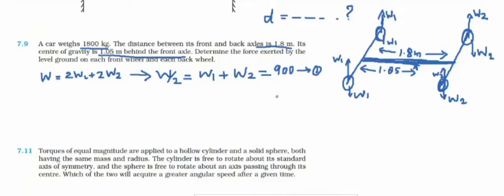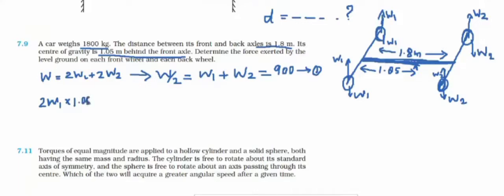Then next, consider the rotational equilibrium. When you consider the rotational equilibrium, first you will take this front axis. The total force acting in the front part is W1 plus W1, that is 2W1, with the perpendicular distance 1.05. So for rotational equilibrium, we can have 2W1 into perpendicular distance 1.05 meter.